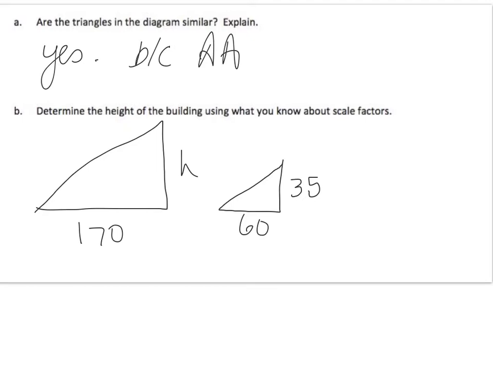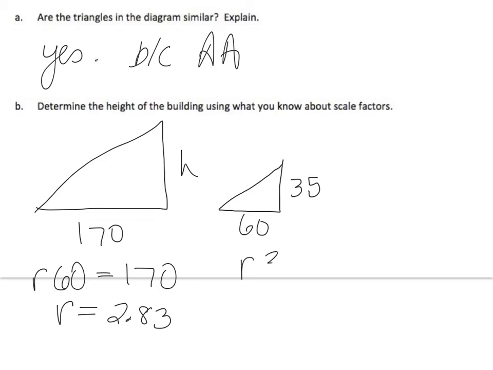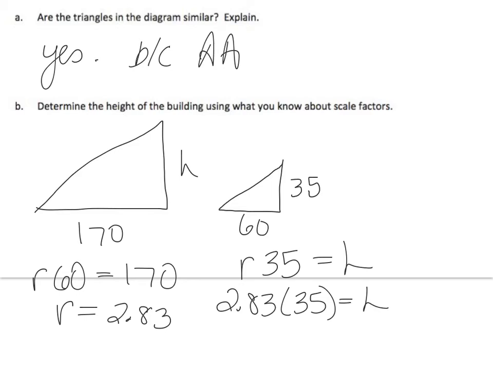So scale factor times 60 equals 170. So your scale factor equals 2.83. So I should be able to do my scale factor times 35 equals h. So 2.83 times 35 equals h. Times 35, 99.2.